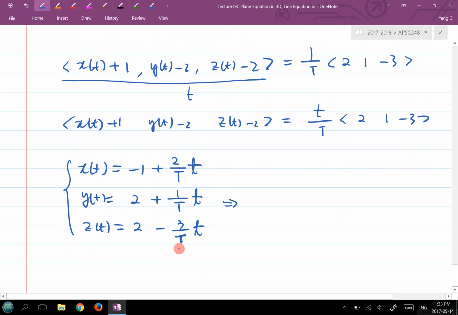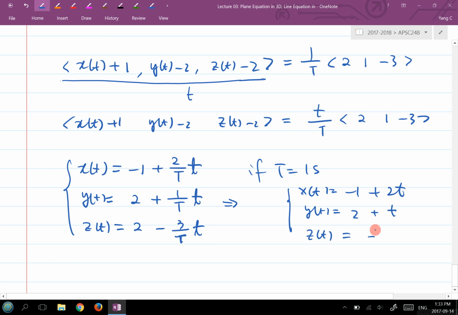Yeah. So for example, if your capital T is 1 second, so basically it takes 1 second to travel from Q0 to Q1, then this equation becomes -1 plus 2t, 2 plus t, and 2 minus 3t. Okay?